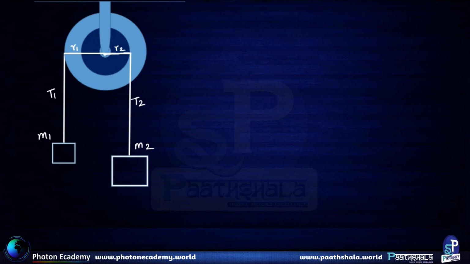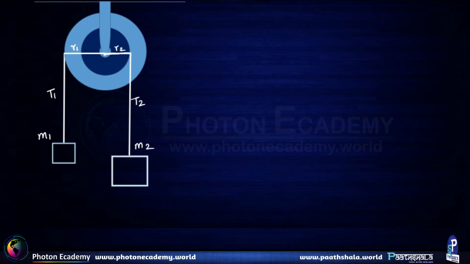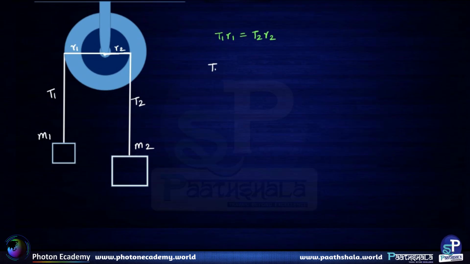We can clearly see that for rotational equilibrium in this situation, we can write T1 R1 will have to be equal to T2 R2. And for translational equilibrium in the vertical direction, we have T1 equal to M1G, and similarly T2 equal to M2G.